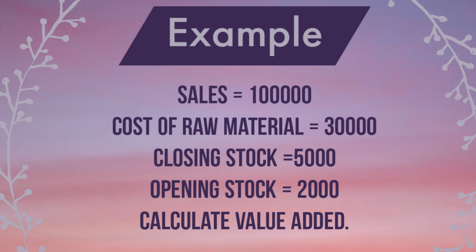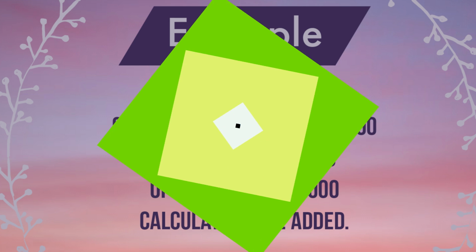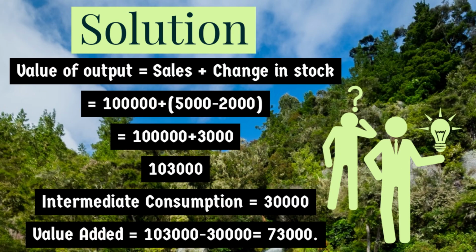For example, sales is equal to 1 lakh, cost of raw material is equal to 30,000, closing stock is 5,000, opening stock is 2,000. Then how will the value added or the GDP-MP be calculated? Firstly, we will calculate the value of output. So it will be sales plus change in stock. Change in stock means closing stock minus opening stock.